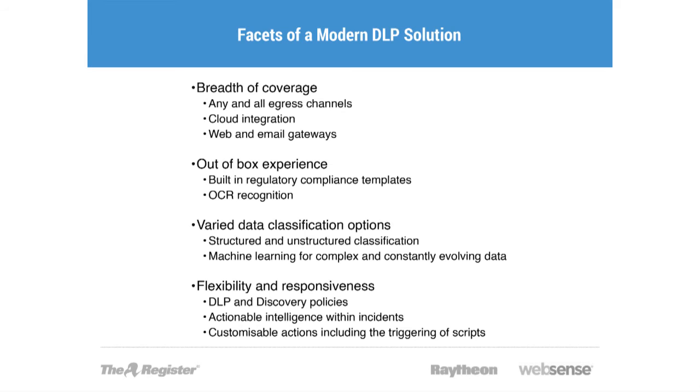The next part is probably the most important one, and this is where everything boils down to the data itself. There's no accident that the D at the start is for data. You need to be able to classify all of those really important bits of information. Regulatory compliance, probably everyone can say they can do it, because as I said earlier, PII is the same for you as the same for everybody.